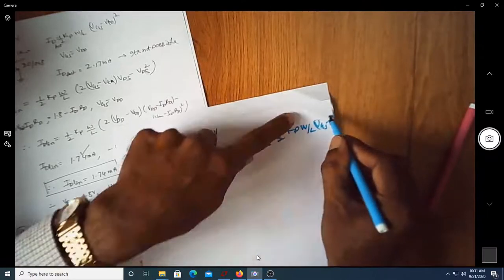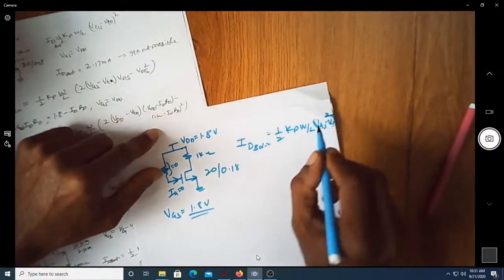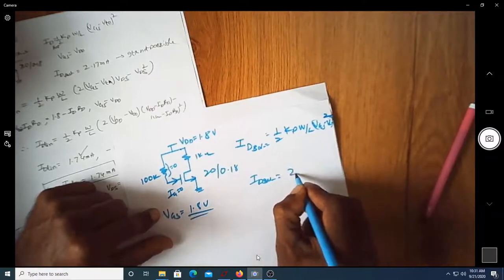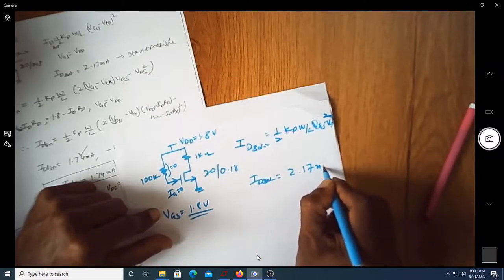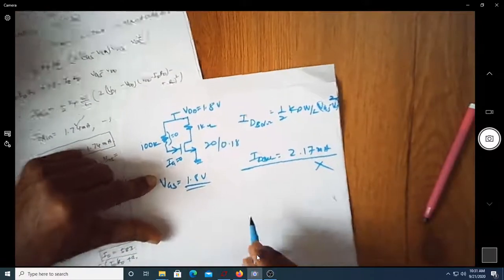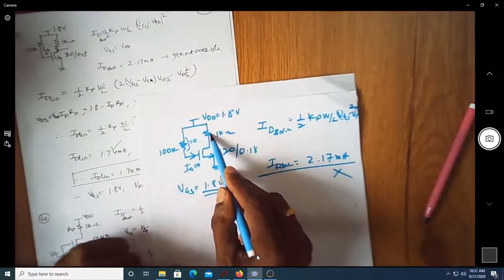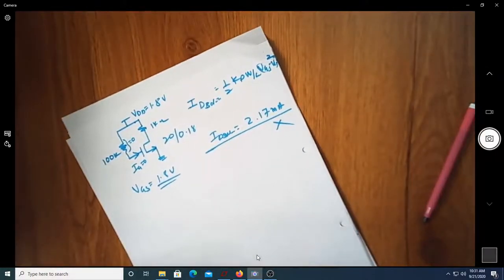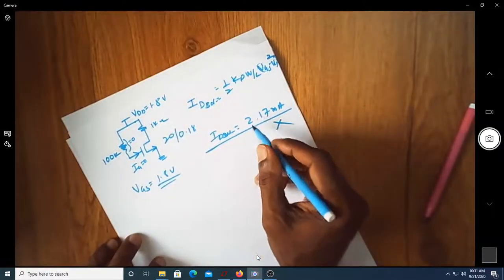So we know everything here. Upon substituting this, ID sat comes out to be 2.17 milliampere, which is not a feasible answer because you have 1 kilo ohm resistance and then it will not come. Of course, I'm just looking into the answer which I already did and simply putting the values directly.